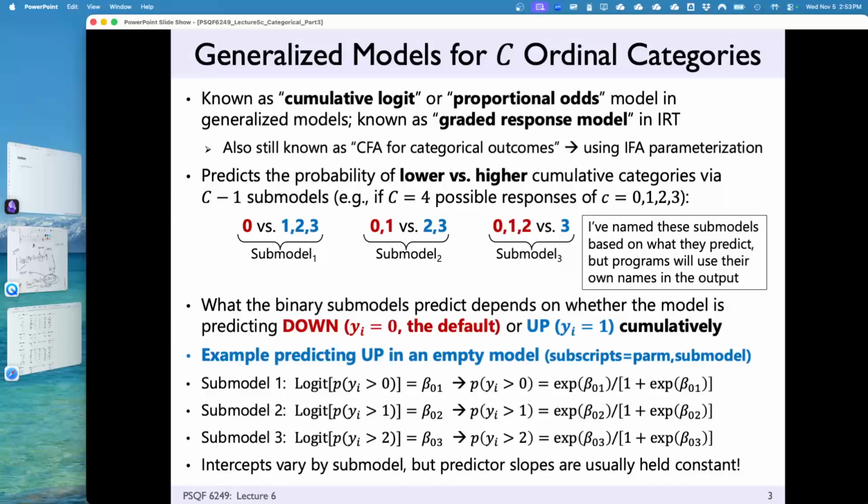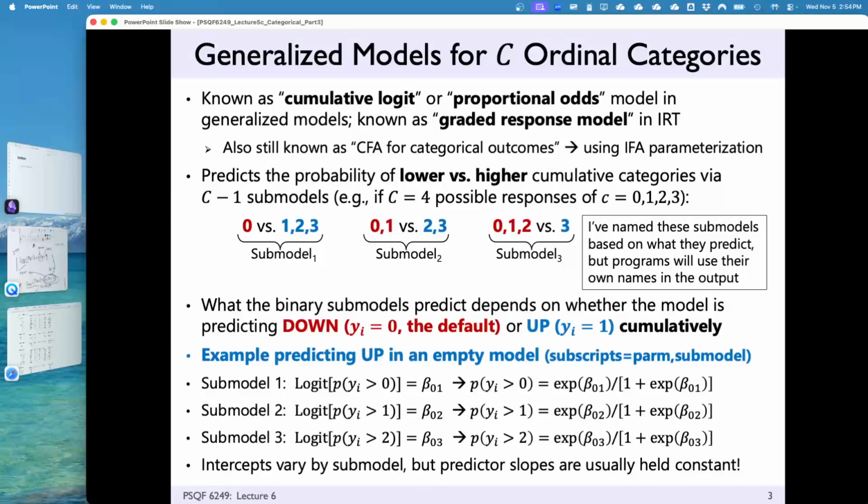Instead of saying the probability of y equals 1, which was the binary version, it's the probability of y greater than 0. Now you'll note, if you have a binary item, what I just said is equivalent. So what this is doing is generalizing this logistic process to accommodate more than one mean per item. It's a mean. Here, the expected value is the probability someone's at each of these different categories.